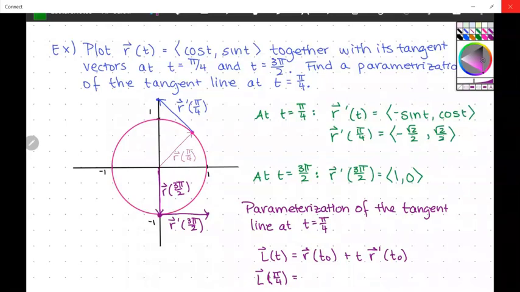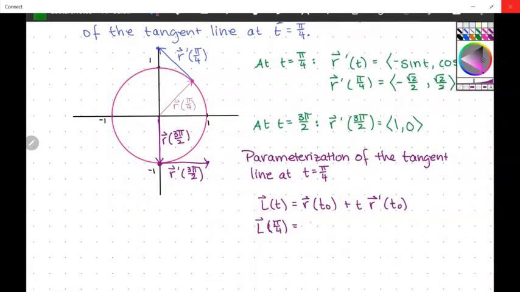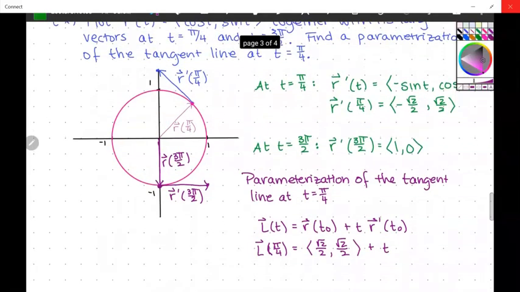That's just going to be root 2 over 2, root 2 over 2. But then, we already found r prime of pi over 4. That was right here. So that is negative root 2 over 2, root 2 over 2.